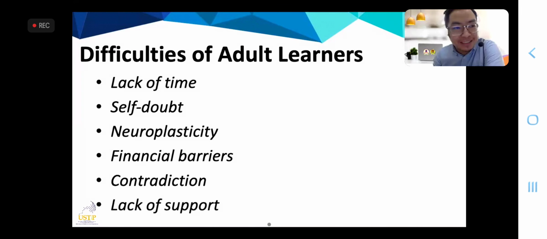And finally, our adult learners lack support, not only from their family, but also from faculty members. Once the classes end, once your period ends, students no longer interact with you. Unlike now, we have Messenger and so on.